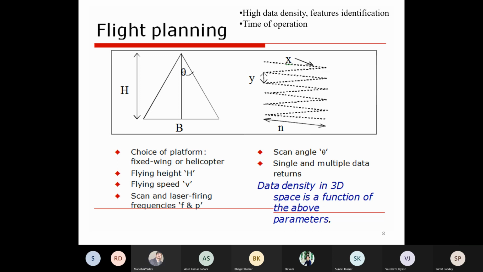Just see, though along the scan line the spacing increases, but if you see the gap between two successive scan lines along the flight line, there in the middle you can see one line. It means the point density is more uniformly distributed in this case compared to the previous one.